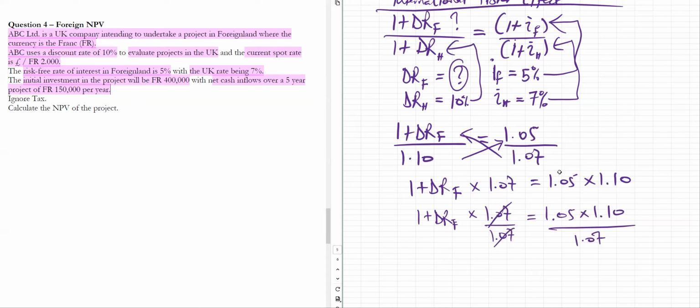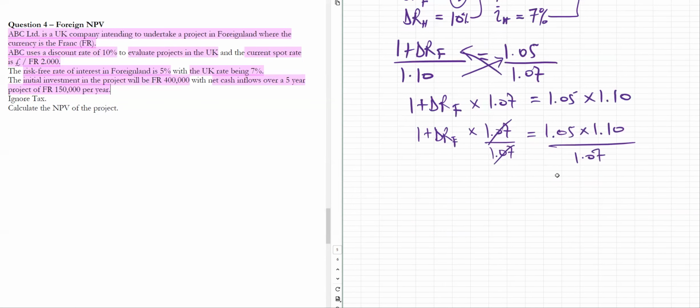Okay, so that being said, what do I get for that? That's 1.05 by 1.1 divided by 1.07. And that gives me, so 1 plus DRF gives me 1.0794, which means DRF gives me 1.0794 minus 1.